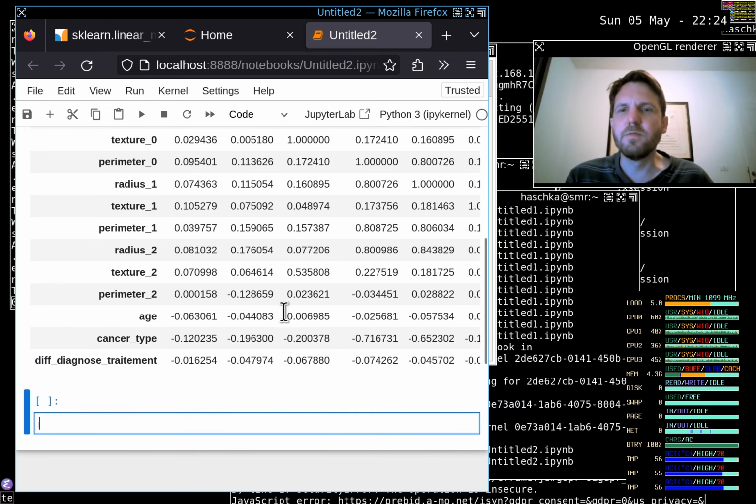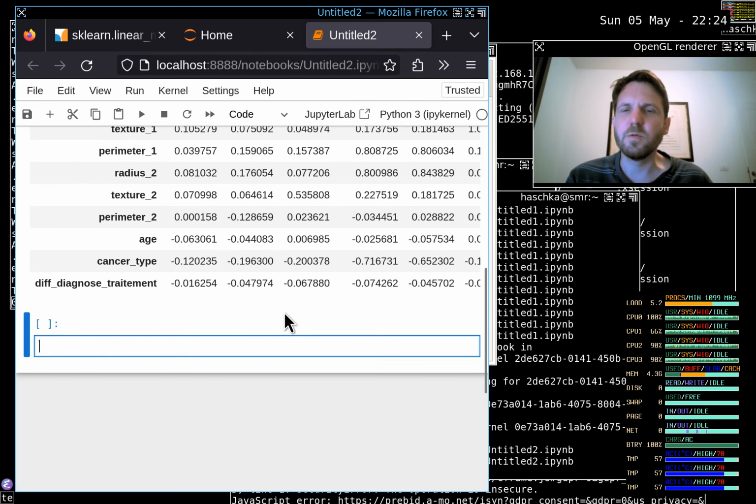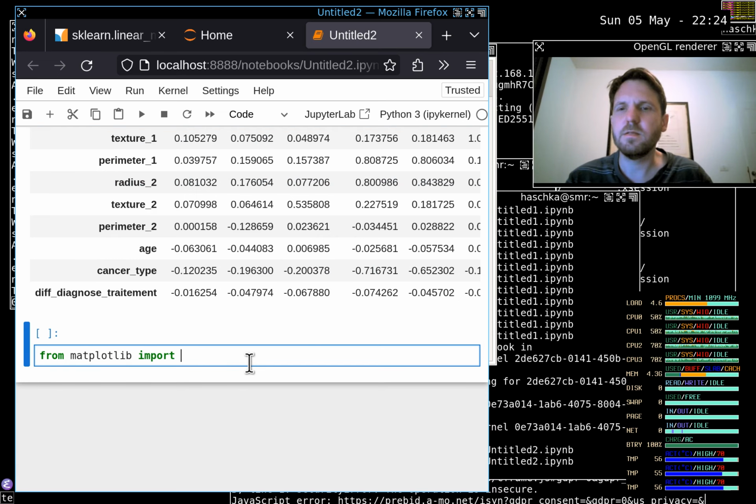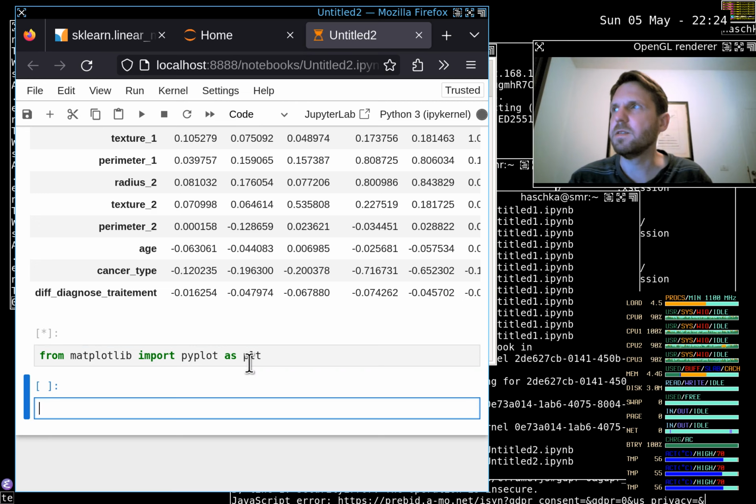Very easy. Before we build this, let's also perform a little plot, so we can show this. Let's import matplotlib. You already know this too, and here we will just perform a little plot that shows these two.